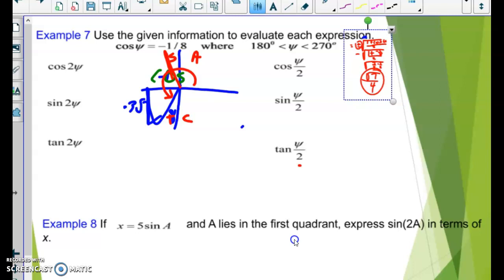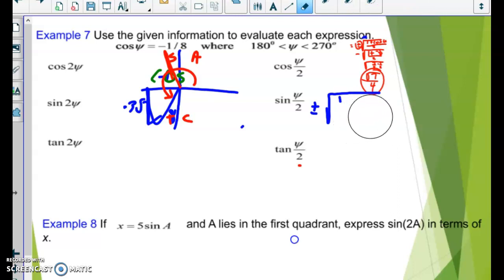Plugging into the sine formula, again, we're going to have plus or minus the square root of... oh, 1 minus the cosine of u all over 2. Let's try that again.